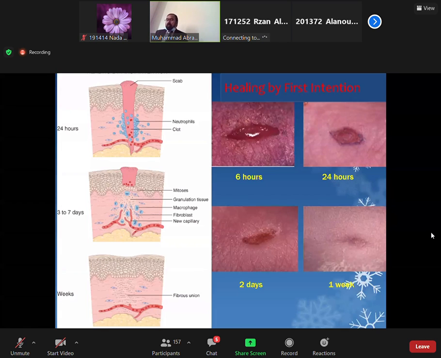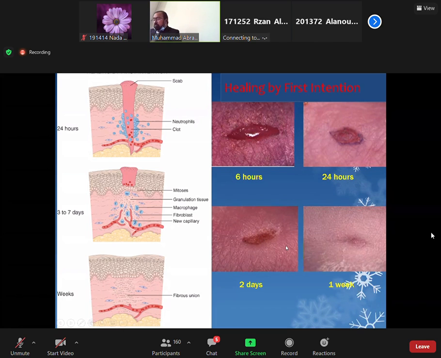Okay. Now this is a very good picture. The same thing is showing here. In the first 6 hours, you can see that the clot is still fresh, right? And you can see a cut area. Now at 24 hours, the shining is gone, meaning it is now forming a good clot which is remaining there. In 2 days, the skin has started developing.